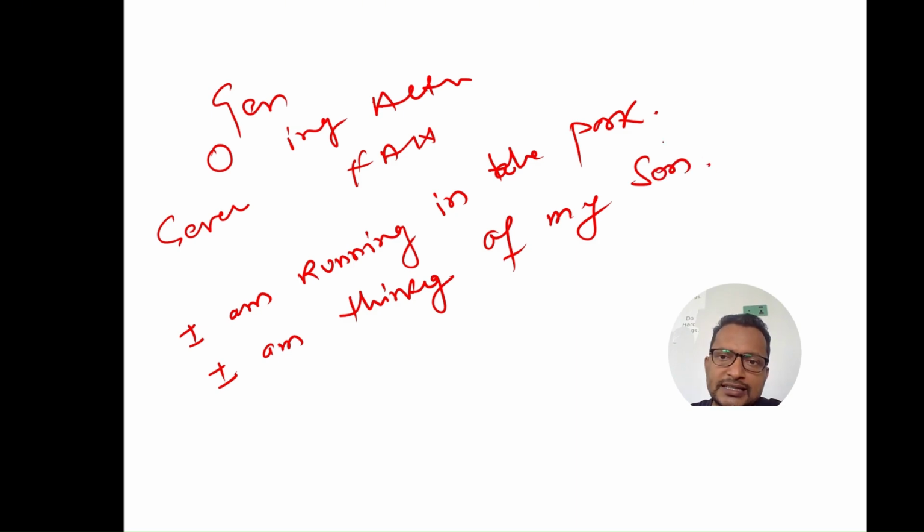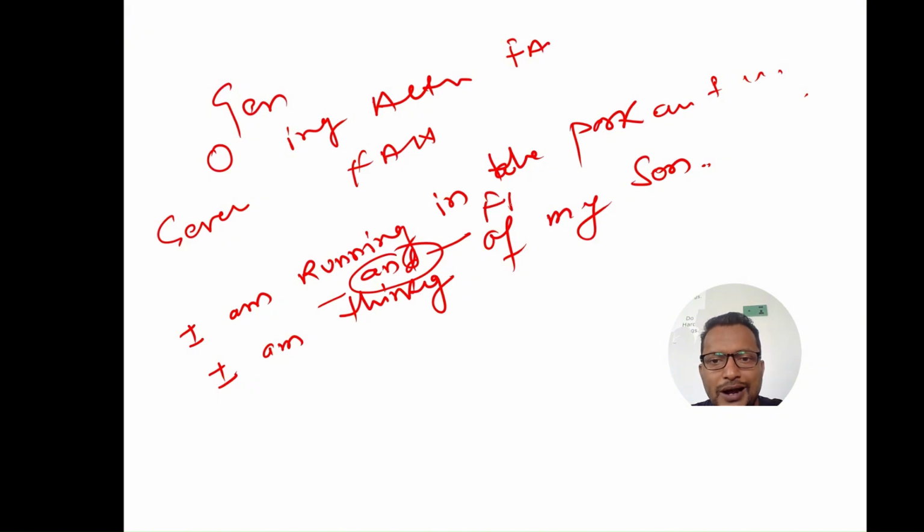Now you want to connect the sentences. If you want to connect the sentences, you use fanboys, right? So how do you connect? I am running in the park and I am thinking about my son. Now, if you don't want to use fanboys, but you still want to connect the sentences, then use a gerund.